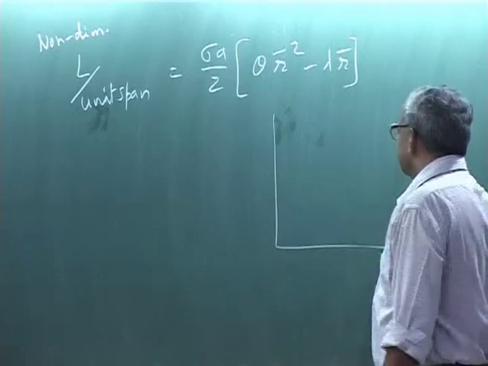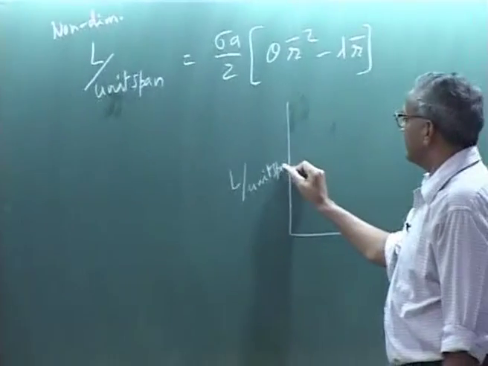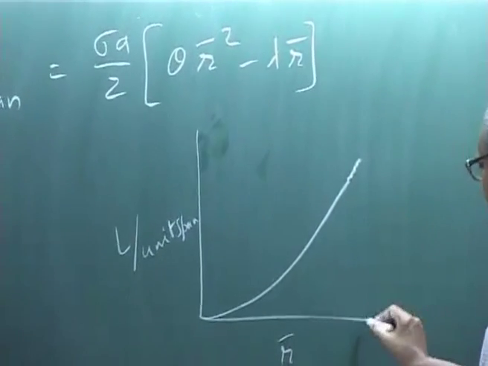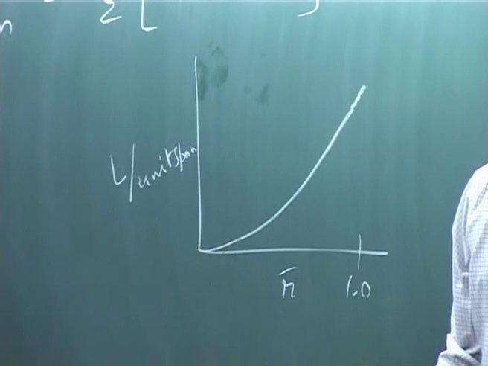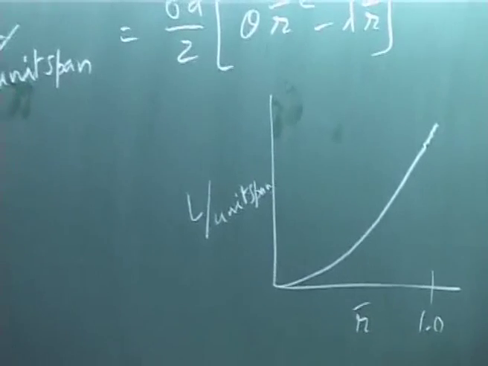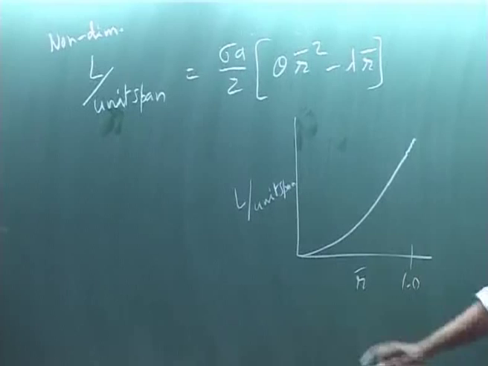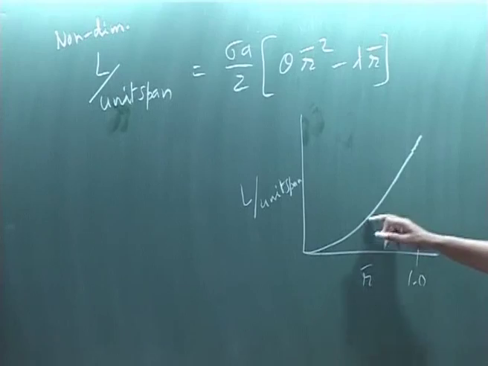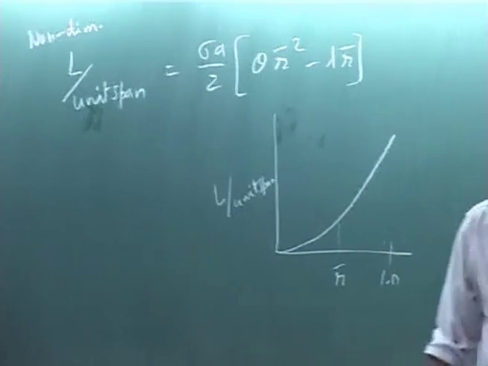If I plot it versus r bar, it will go like this. This is 1. By looking at the diagram, you immediately see that near the root lift is 0, very close, because the dynamic pressure is small. Actually, beyond 0.5 you start having a large value.